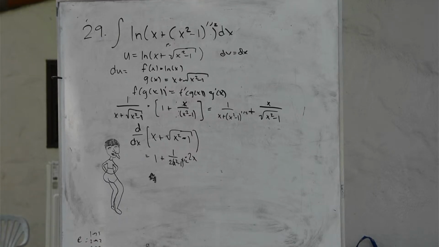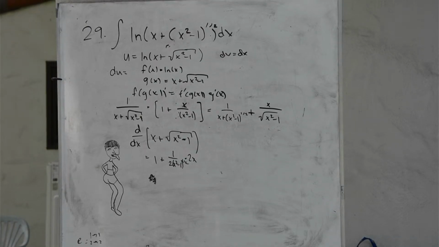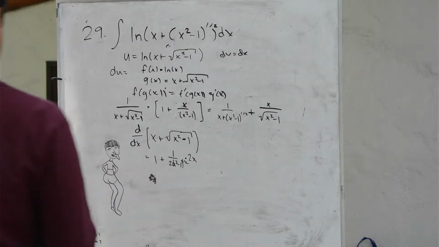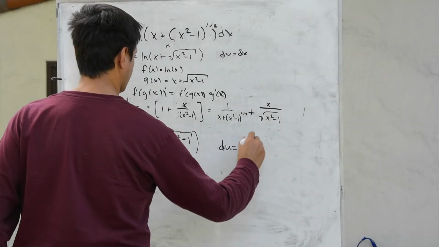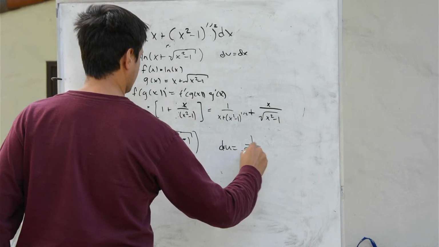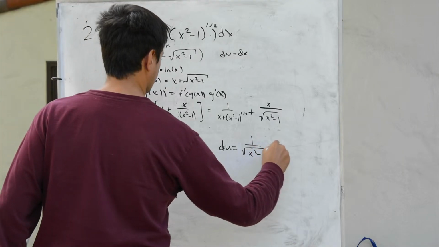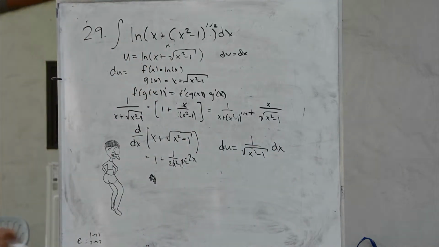Damn, that's a really challenging algebra problem. All right, so I'm just gonna get the answer then. It's 1 over. Yeah, okay.